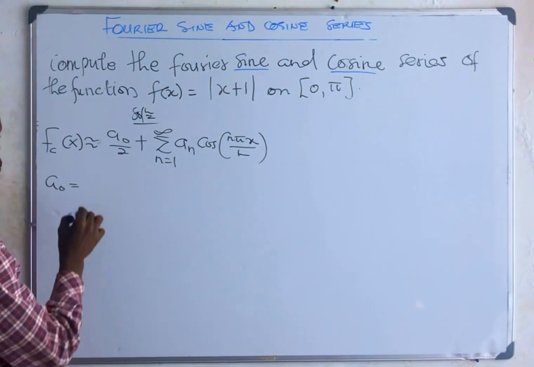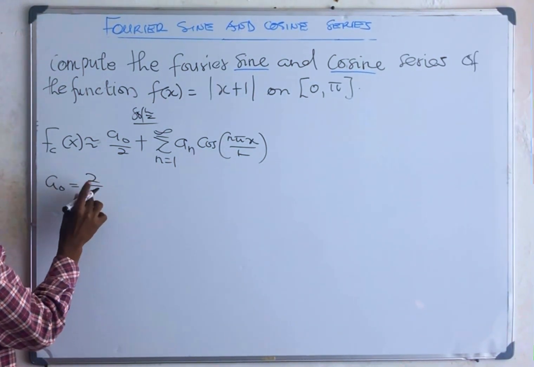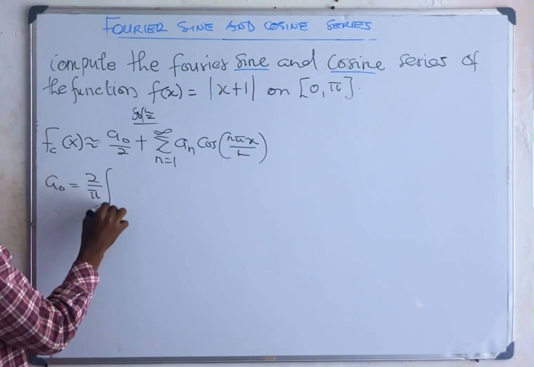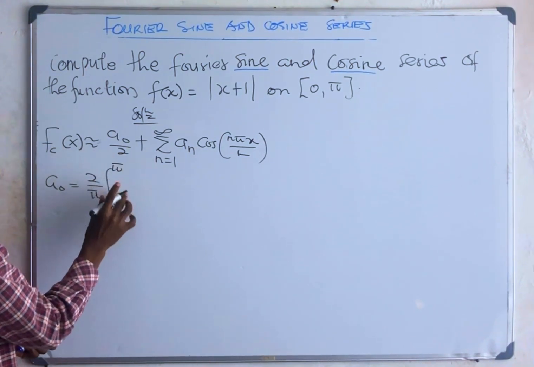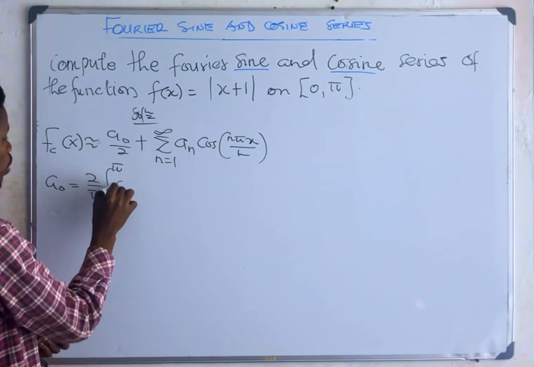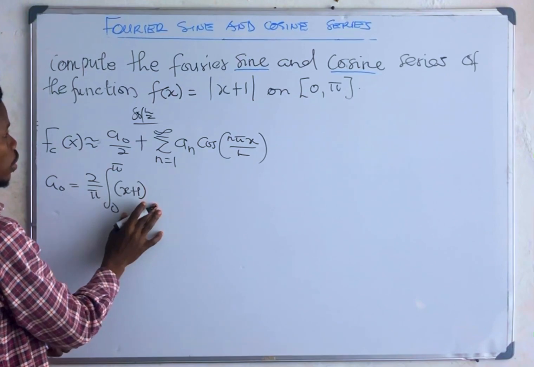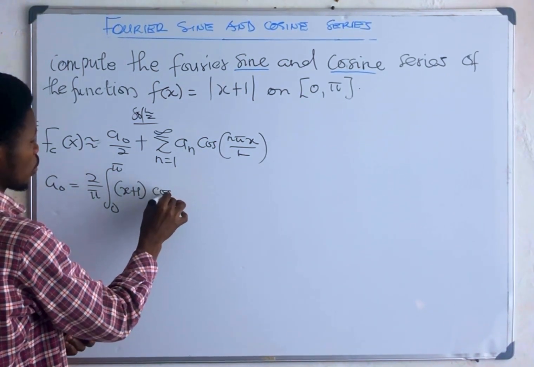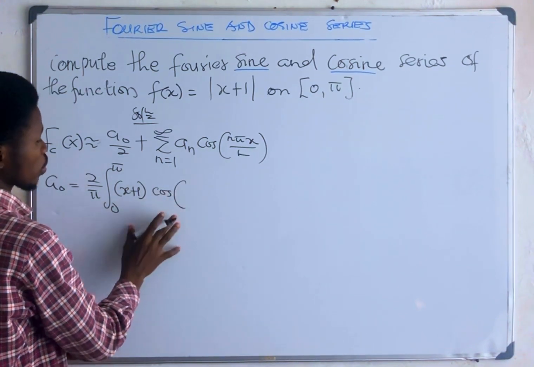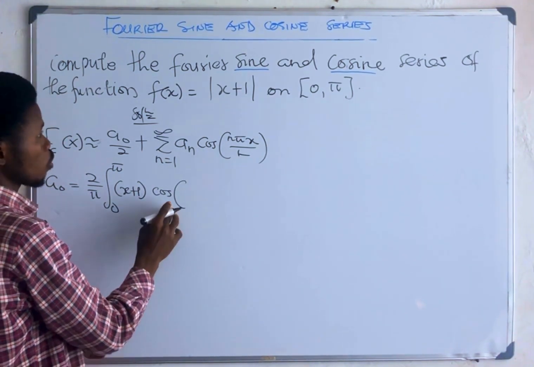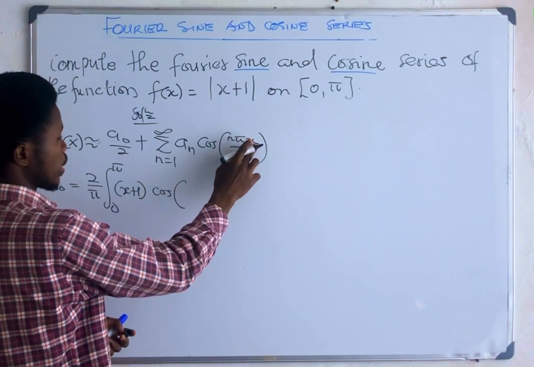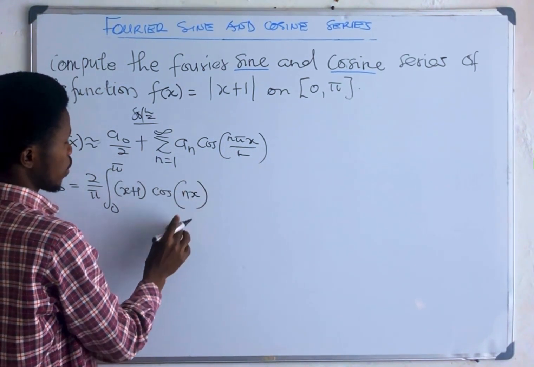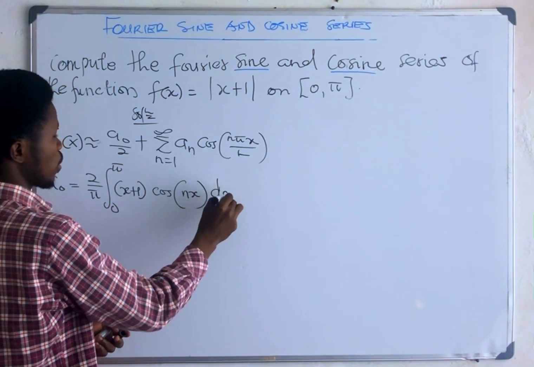So our a naught is going to be 2 over L, right? But here the L is given as pi, so pi integral of 0 to pi the function f of x, which is x plus 1 cos. Now it's supposed to be n pi x over L, but because the L is pi, here you have nx, then dx.